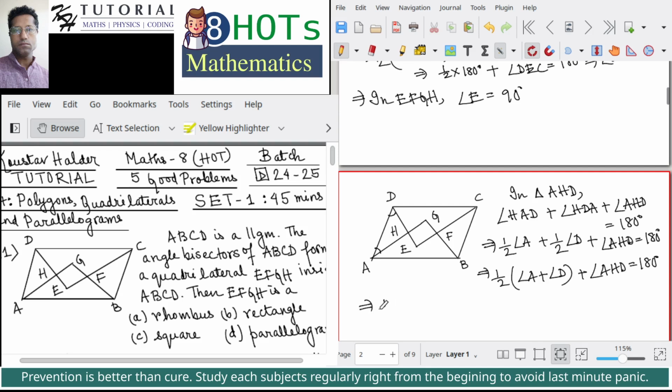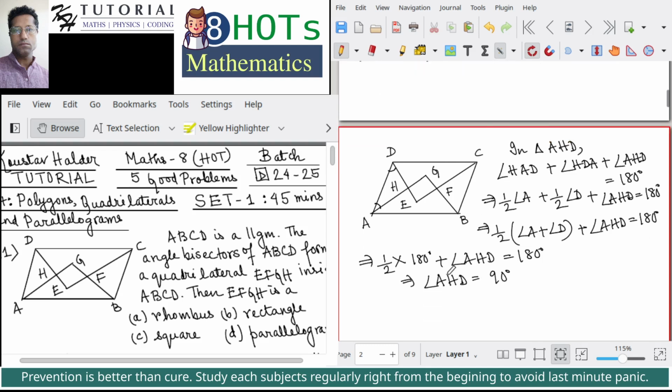Half of angle A plus angle D, similarly, will be supplementary, as they are an adjacent pair of angles of the parallelogram ABCD. So we have this half of 180 degrees. Clearly from here we will see that angle AHD will also be equal to 90 degrees.